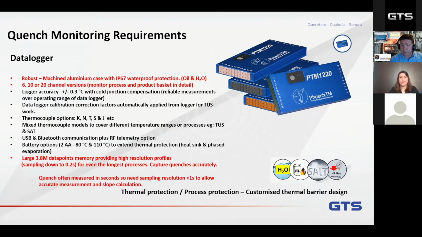But at the same time, you need a memory in the logger to allow you to collect up to maybe 6 hours of data if you're recording data every half a second, maybe up to 20 thermocouples. Okay. So that's some of the key requirements of the data logger, in addition to some of the other things you can see listed on the slide, which are requirements for general heat treat monitoring apparatus.